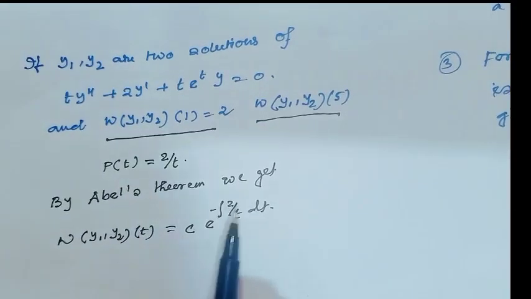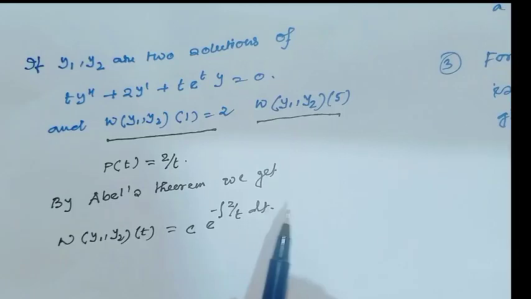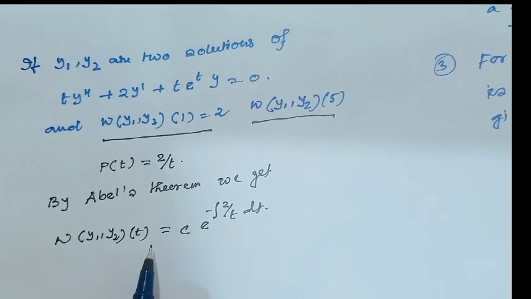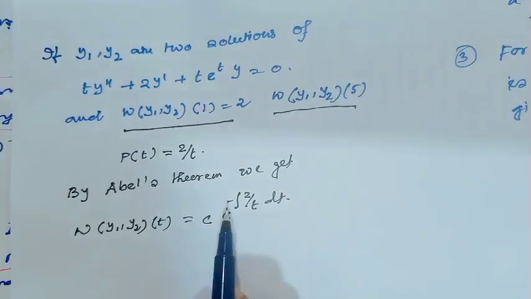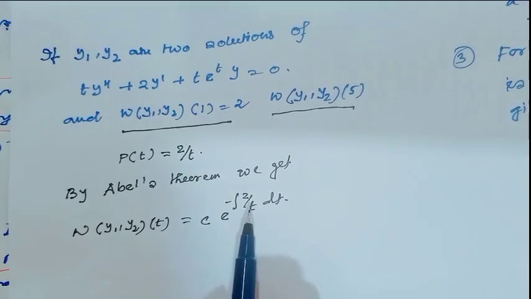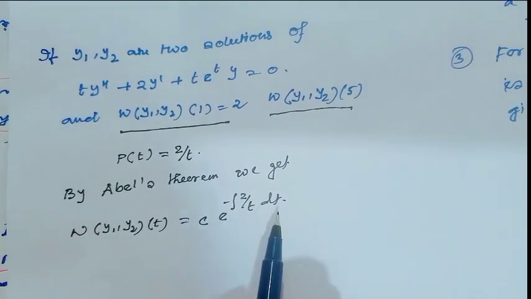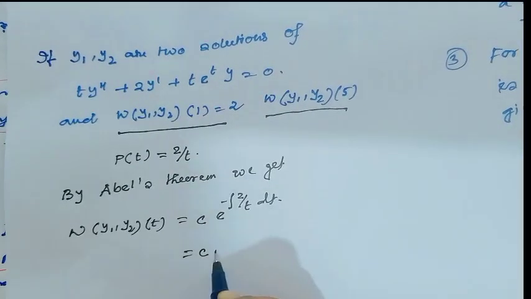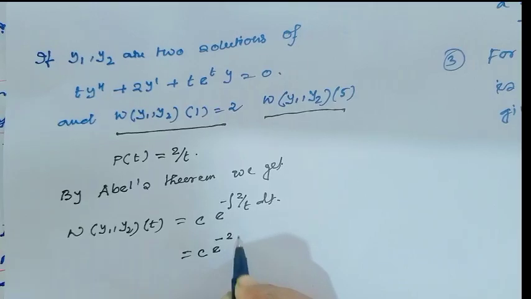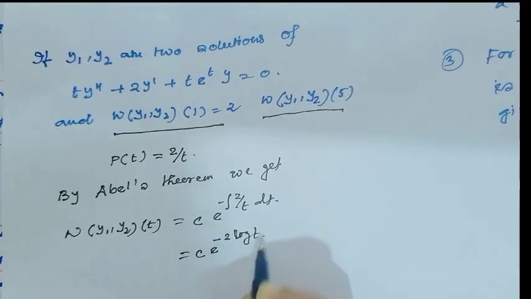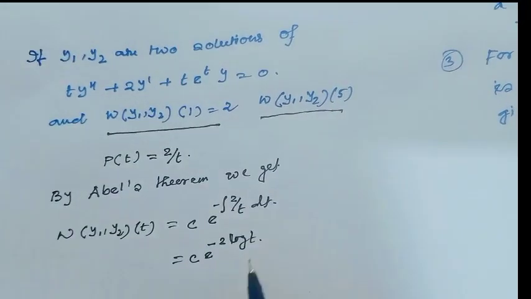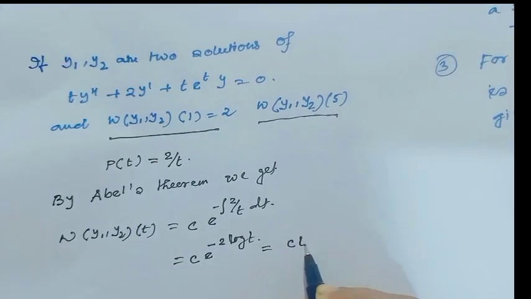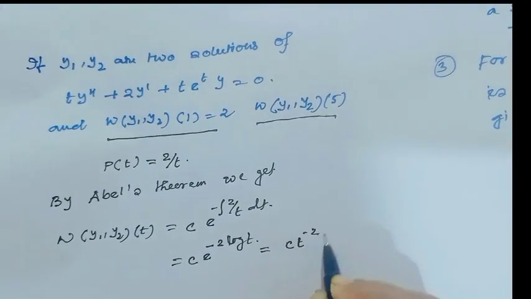Then by Abel's theorem, we can say the Wronskian of y1, y2 at the point t equals c e to the power minus integral of p(t), which here is 2 over t dt, and this equals c e to the power minus 2 log t. That means here the value is c t to the power minus 2.